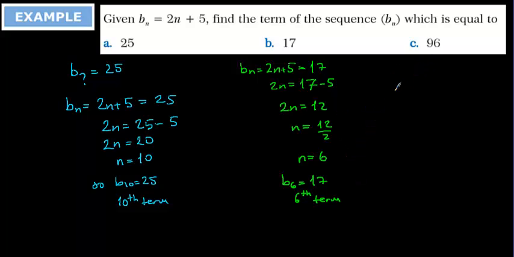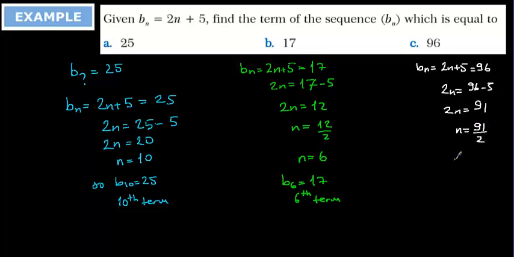Okay, then for the 96, b_n is equal to 2n plus 5 is equal to 96. It's going to be 2n is equal to 96 minus 5. 2n is equal to 91, and n is equal to 91 over 2.